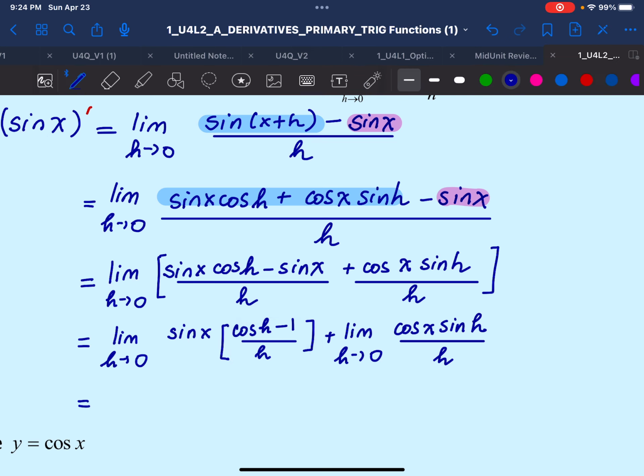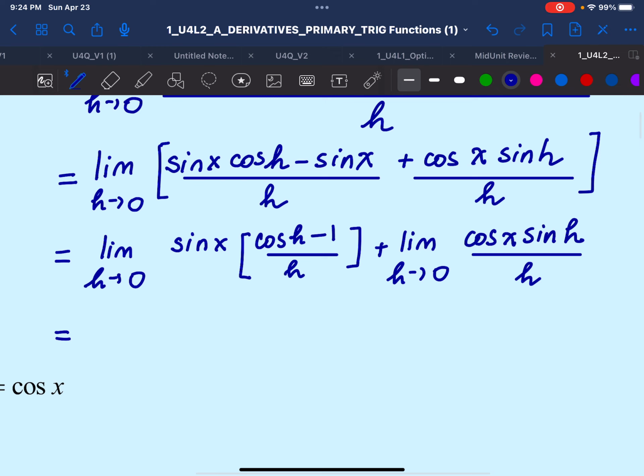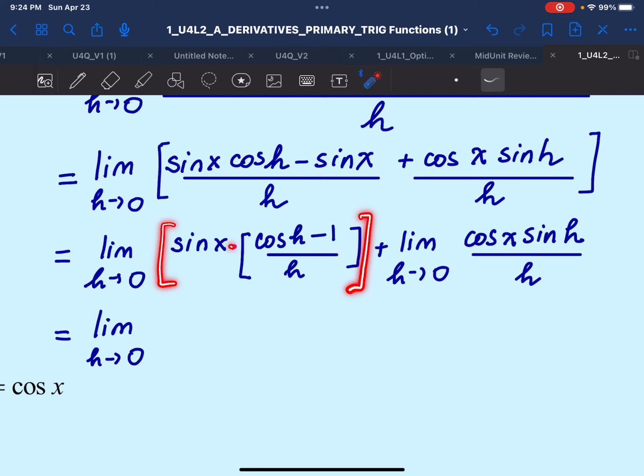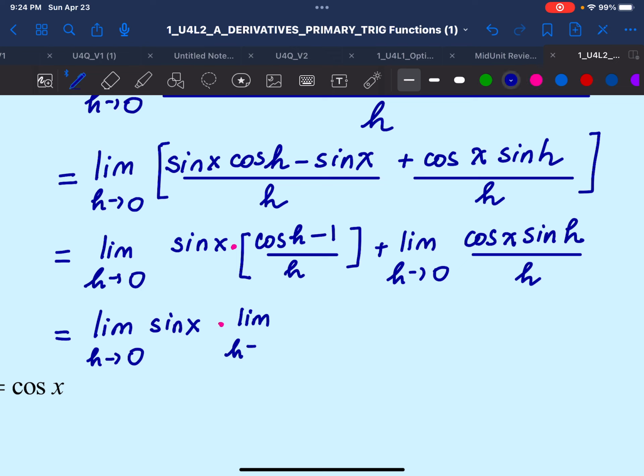So to make everything formal and write everything in proper form, what I will do is separate the limits again. We know that the limit of the product would be equal to the product of their limits. So what we have here is the limit as h approaches 0 of sine of x multiplied by the limit as h approaches 0 of cosine of h minus 1 divided by h.